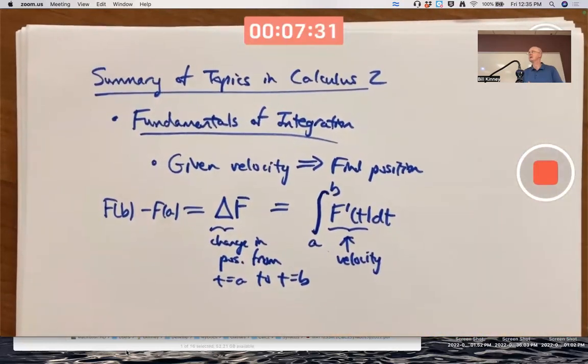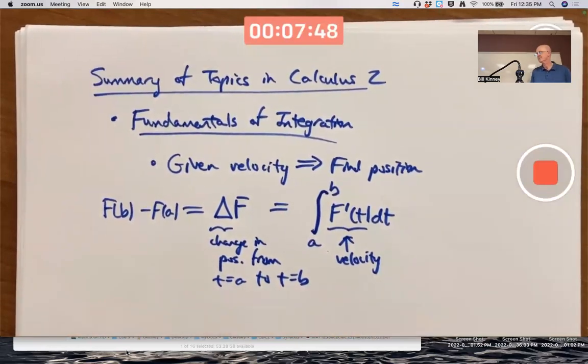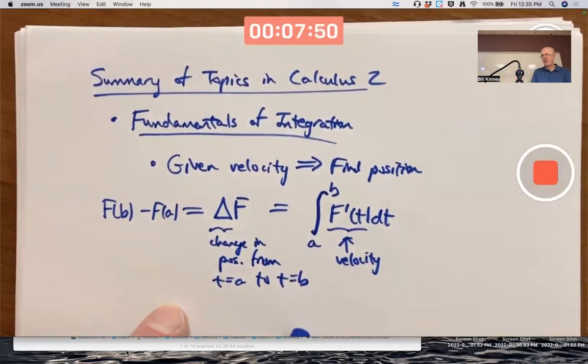If the motion is one directional without going back and forth, maybe you're dropping a ball straight downward, you only go downward, then the change in position can also be thought of as distance traveled, and the velocity can be thought of as speed. But we want to allow for back and forth motion, either left and right, or maybe up and down. So we talk about change in position and velocity rather than distance traveled and speed, but you should be able to handle either way.